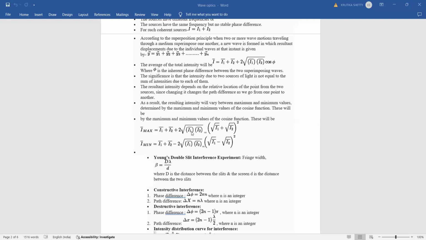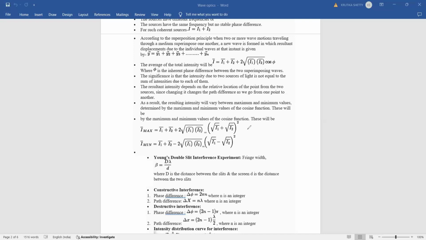See here the formula. Again, the derivation part is not there; only one derivation comes in the full lesson. The maximum intensity is given by the cosine function. In maths we will study the cosine and sine functions, so here we directly use the formula.